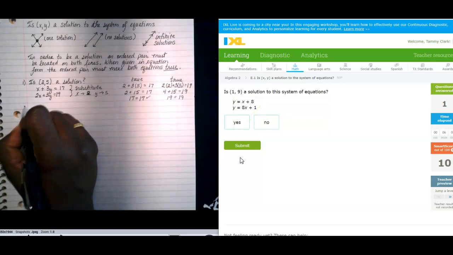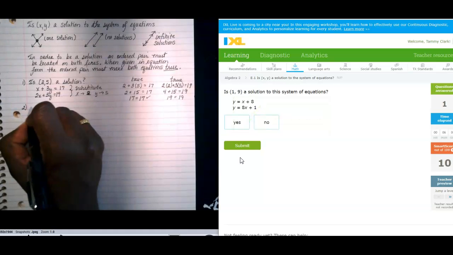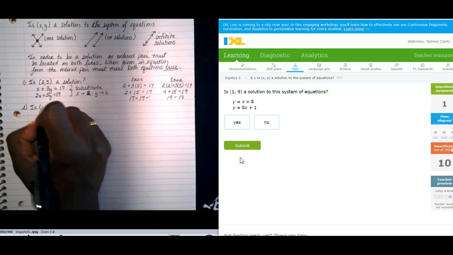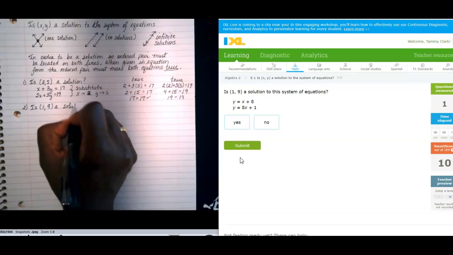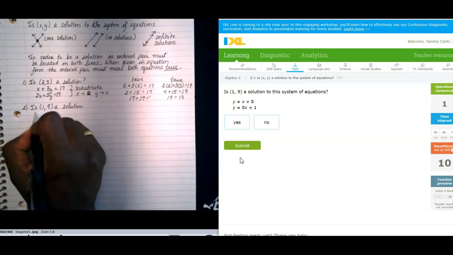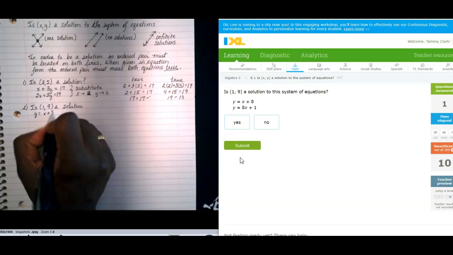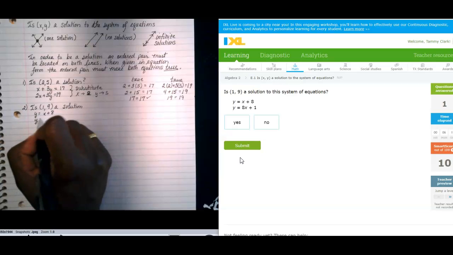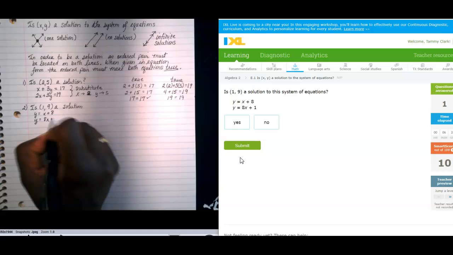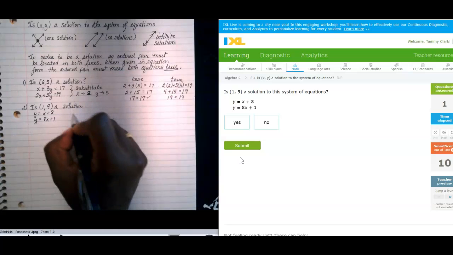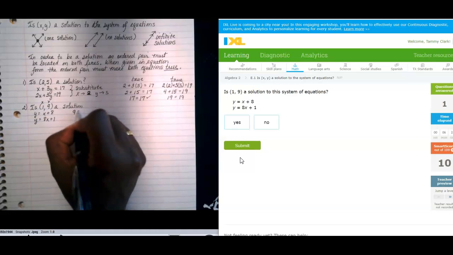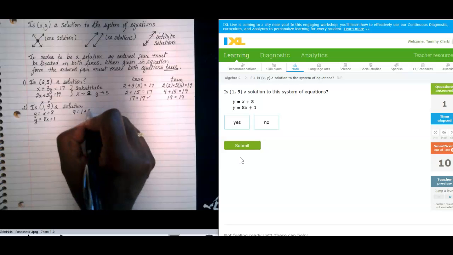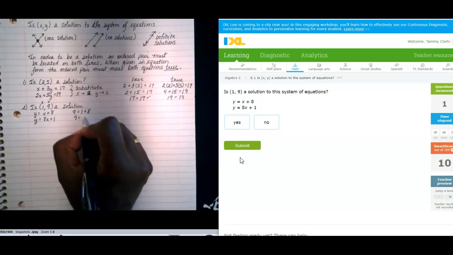Let's do number 2. We have, is (1, 9) a solution? So we've got y is equal to x plus 8, and y is equal to 8x plus 1. And so I say this is x, this is y. 9 is equal to 1 plus 8. 9 is equal to 9.